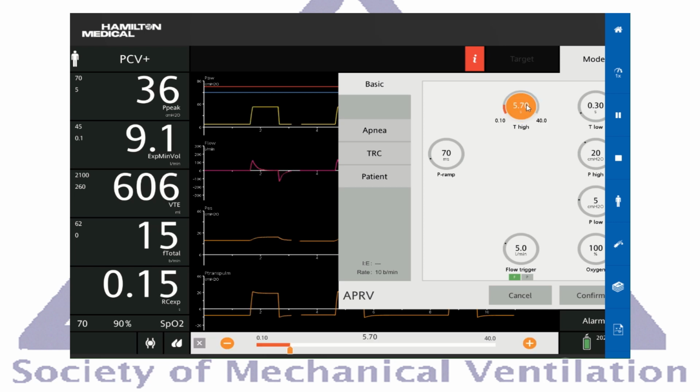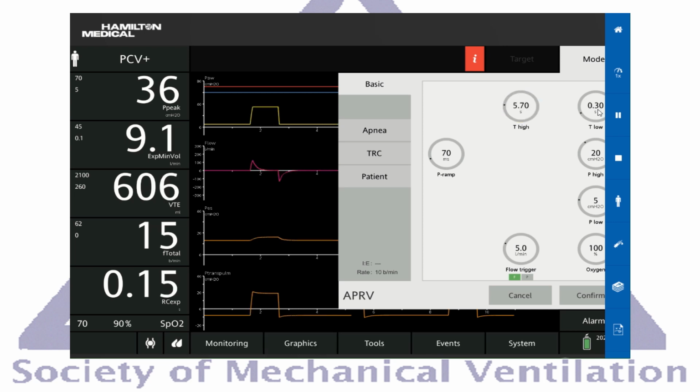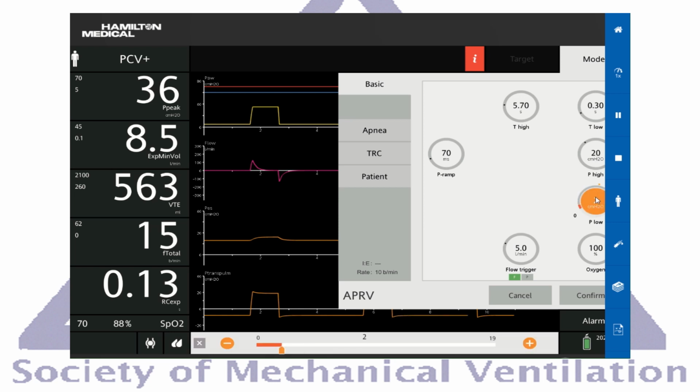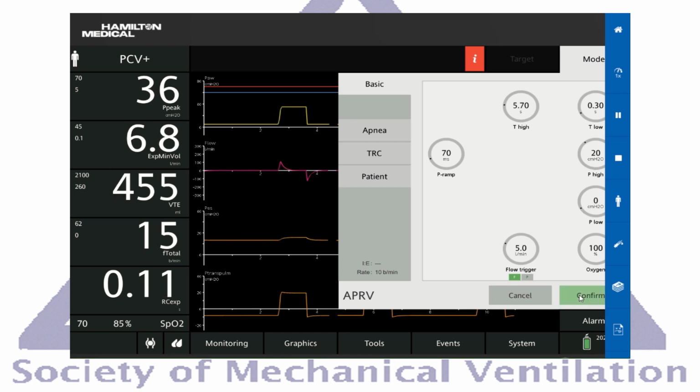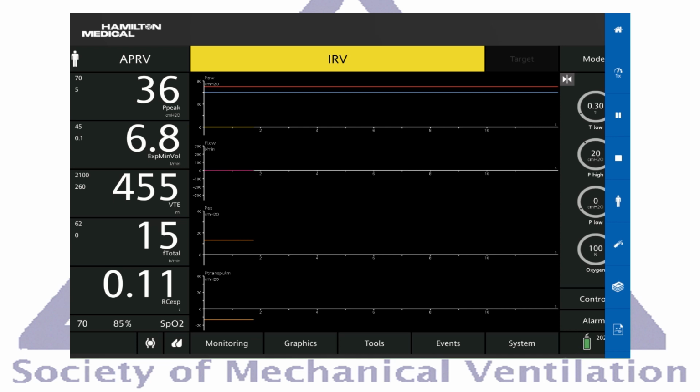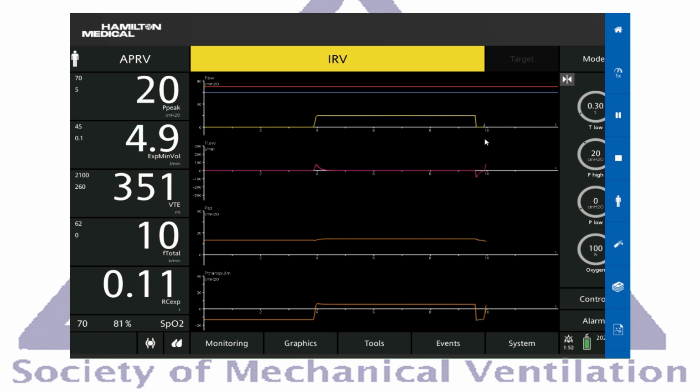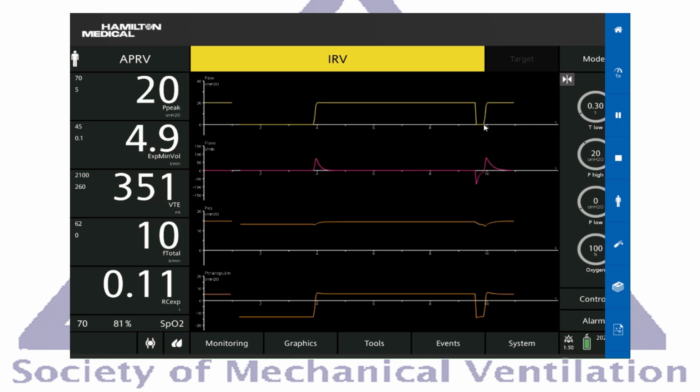T high, which is the inspiratory time, 5.7, T low 0.3. Let's start with a P high of 20. I usually start with a P low of 0. Again, those are just generic for now, until we see what will happen with the patient. So you can see here it will be a very prolonged inspiratory time and a very quick, short T low.